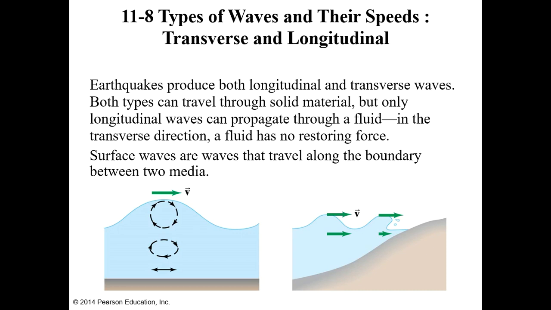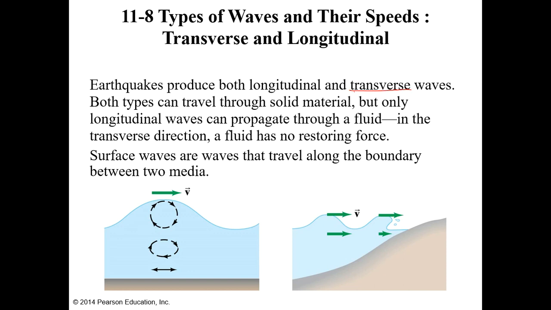Now, there's a specific example of both transverse and longitudinal waves, and that is earthquakes. Earthquakes can produce both longitudinal and transverse waves. If any of you have ever been in an earthquake, not necessarily a fun experience, but if you sit in a room where there's an earthquake and you feel the room swaying side to side, the whole room is all moving together, that would be an example of a transverse earthquake wave.